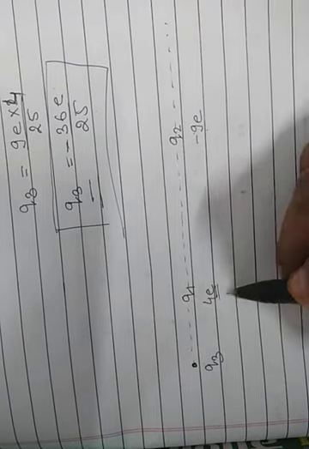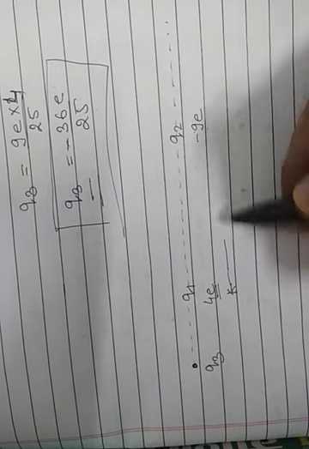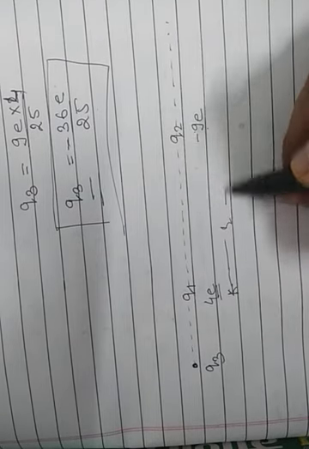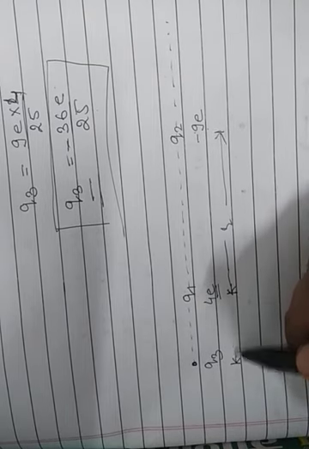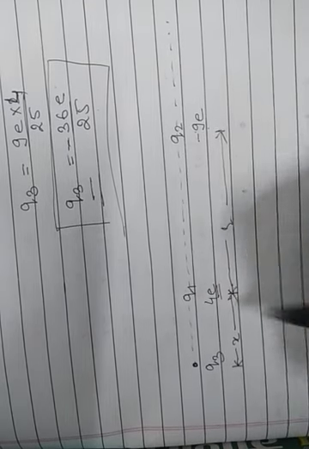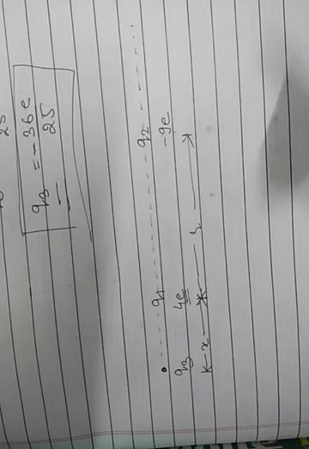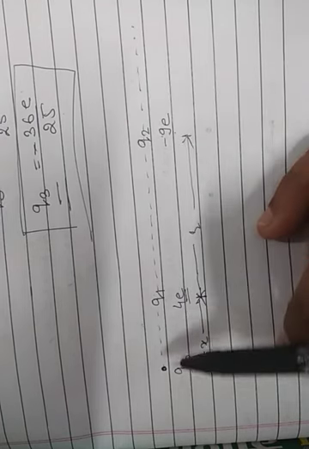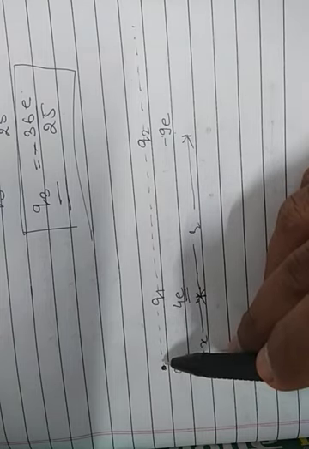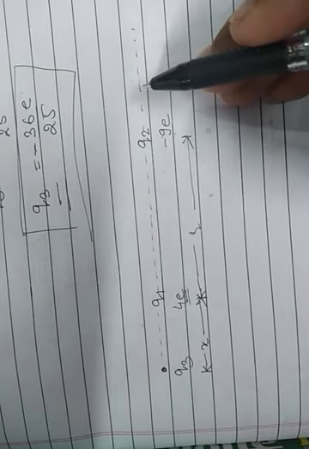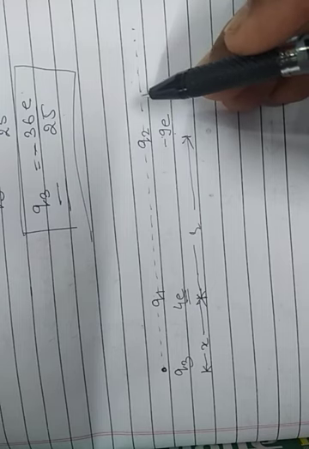Here the distance between them is R, and let this distance be x. Now as Q3 is in equilibrium, I don't know the nature of Q3, so let Q3 be positive. As Q3 is positive and also in equilibrium, let's see what forces act on it.